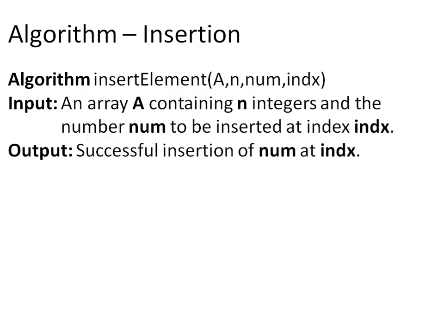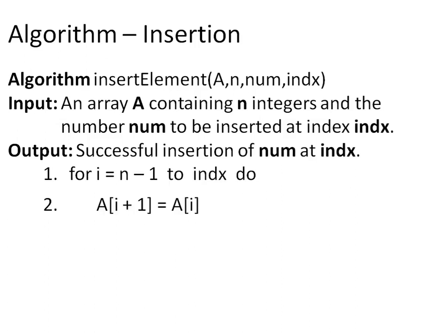Assuming the user has given a valid index position, the output of this algorithm will be successful insertion of num at index idx. During insertion, we have to shift towards the right by one position starting from the last index till the idx.